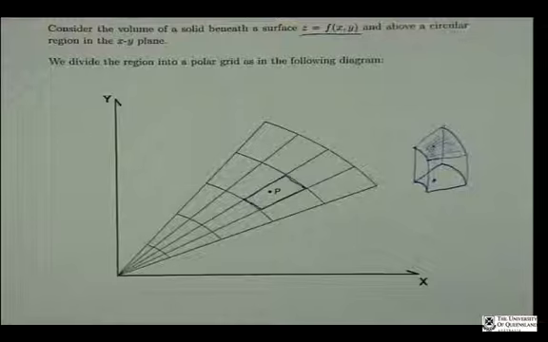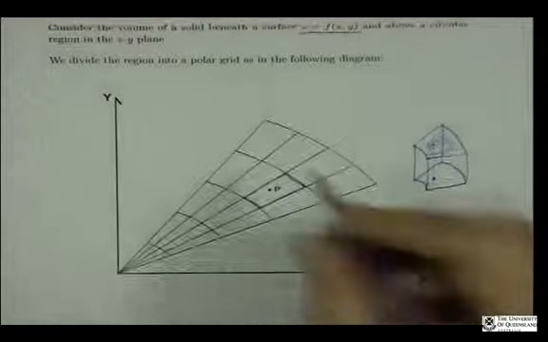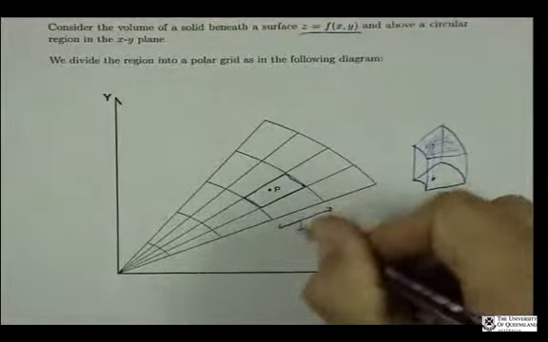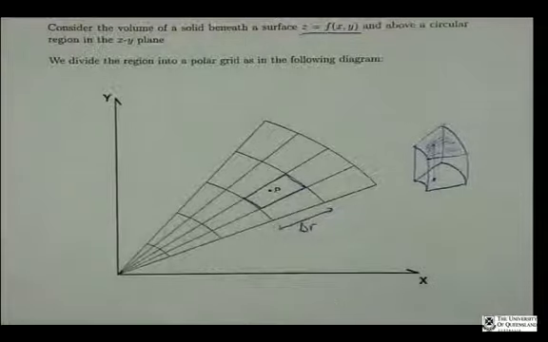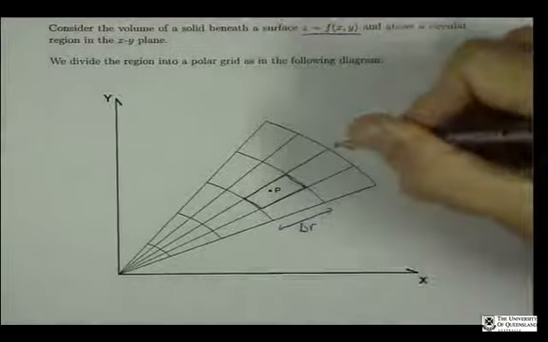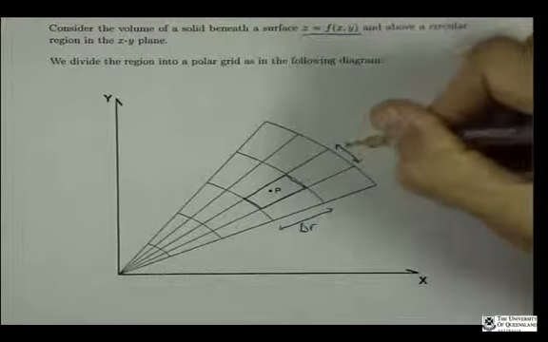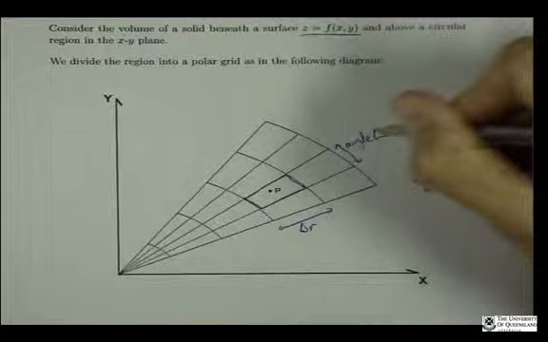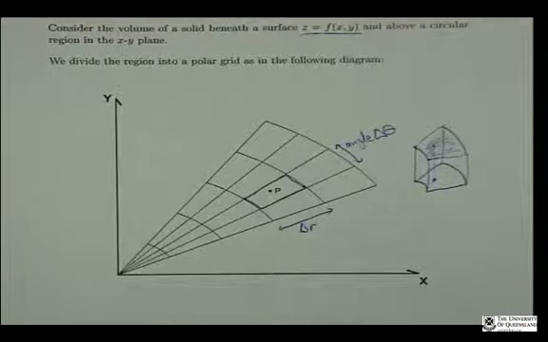Remember, using polar coordinates, we've got the coordinates r and theta. So in these grid squares, the r variable changes in this direction along these radial lines, from the origin or from the centre of the circle. And in this direction, we have a change in the angle that I'll call delta theta.